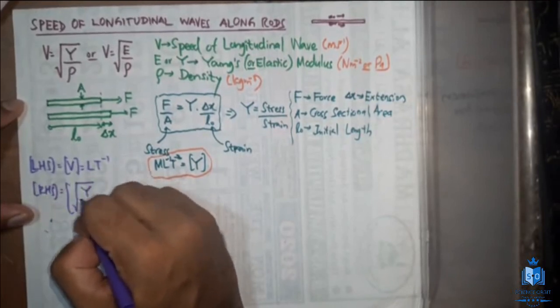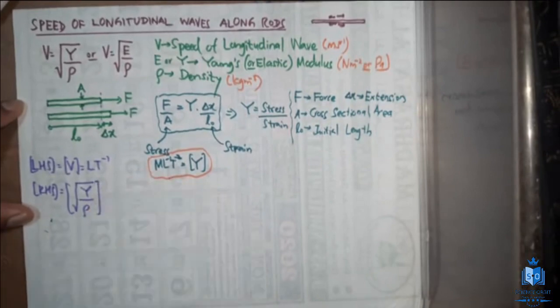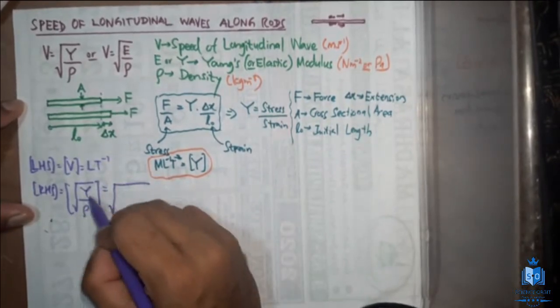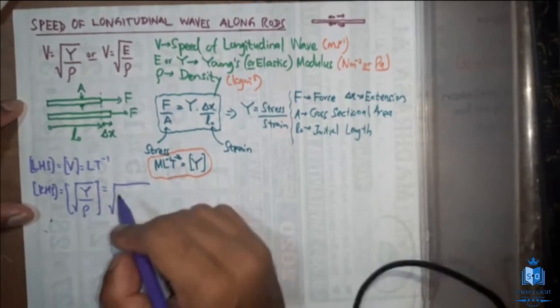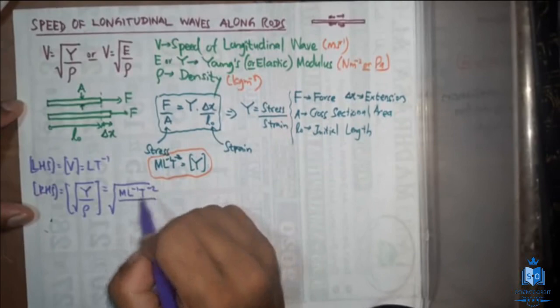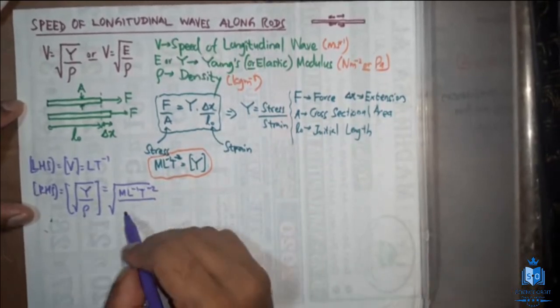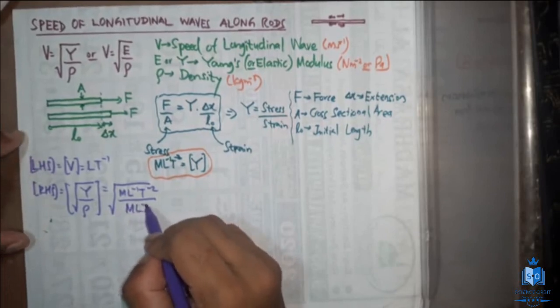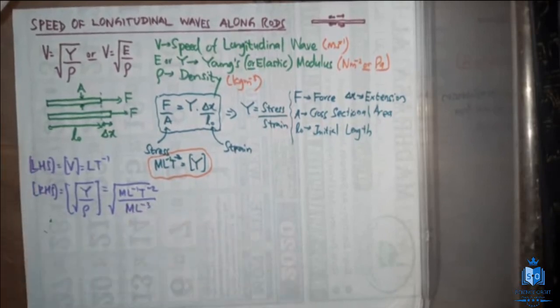Then when you take the right hand side dimensions, we have the dimensions of square root of Y over rho. So the dimensions are going to be square root of the dimension of Young modulus, it's the dimension of pressure, so it is ML^-1 T^-2, divided by dimension of density, mass per volume, so that is ML^-3.